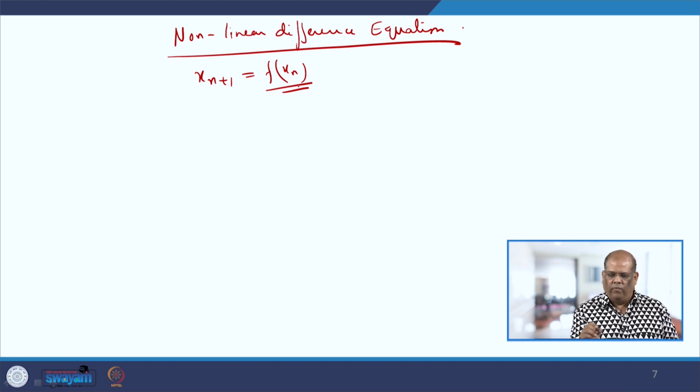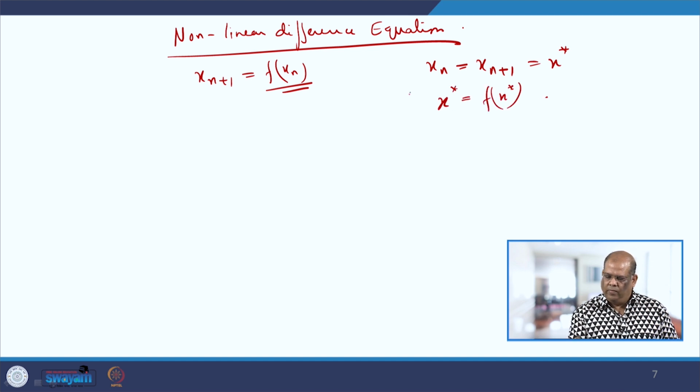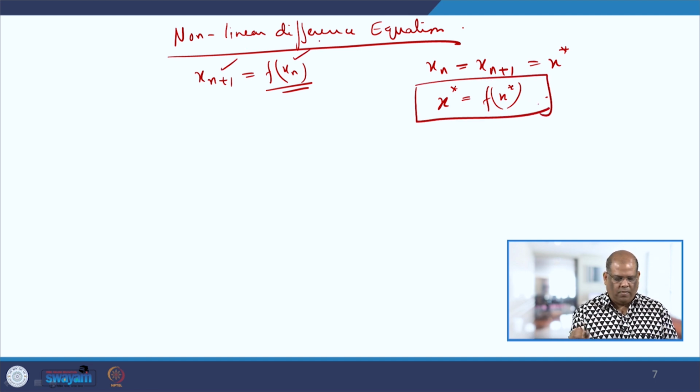And as usual, to find the equilibrium point, you have to consider that there is no change in the generation from n to n plus 1, and you replace this by x star. So, for equilibria, you will have x star equal to f of x star.